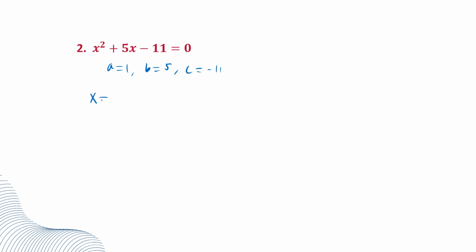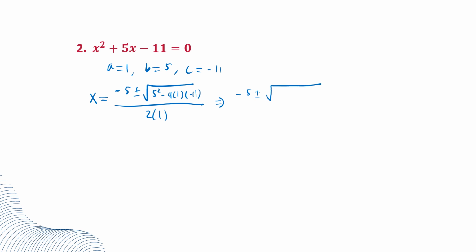So applying the quadratic formula gives us negative b, negative 5, plus or minus the square root of 5 squared minus 4 times 1 times negative 11, all divided by 2 times 1. So that gives us negative 5 plus or minus.